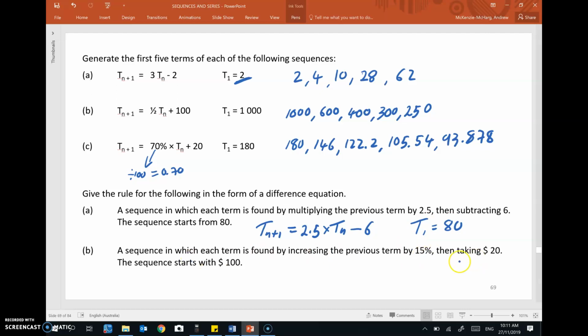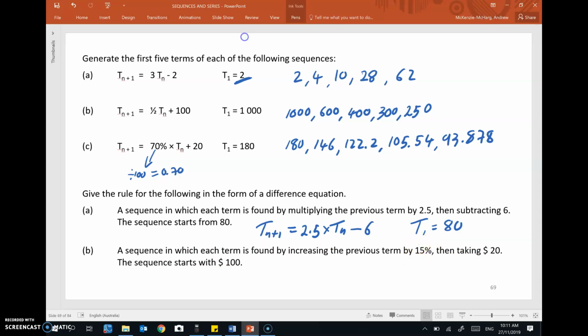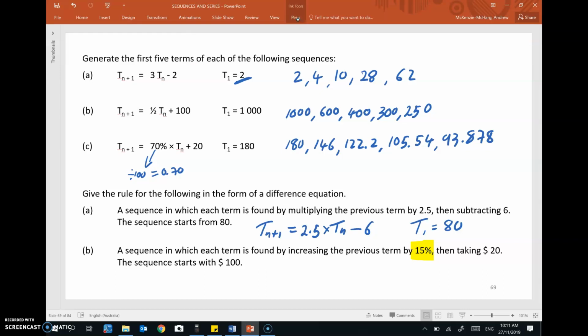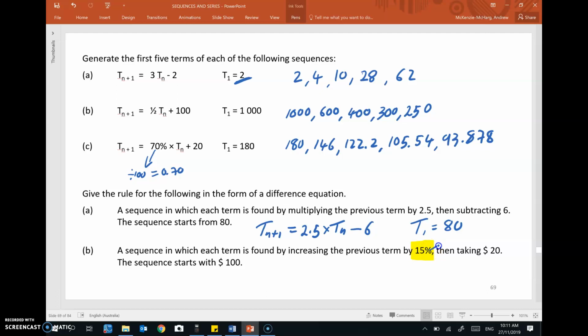Okay, now this one is a little trickier with the percentage in there again. So what we have here is a percentage increase. All right, we're increasing the previous term by 15%. So remember that that needs to be added onto 100%. A percentage increase of 15% means 115% of the previous term. And then that needs to be converted to a decimal, which gives us 1.15.